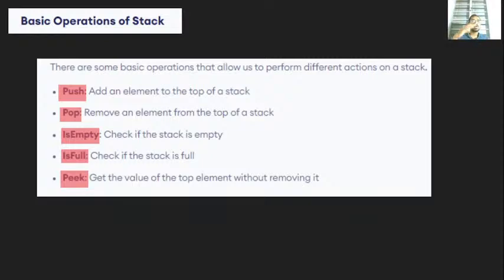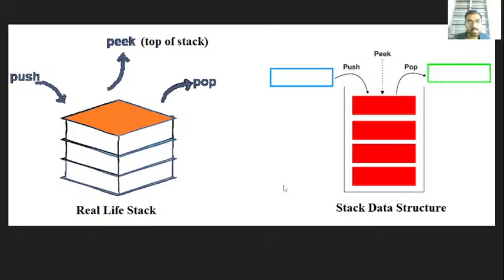I already demonstrated the three basic operations: push, pop, and peak. Push is addition of an element. Pop is removal of an element from the top of the stack. Peak is getting the value of the top element without removing it. Sorry, I misunderstood that.